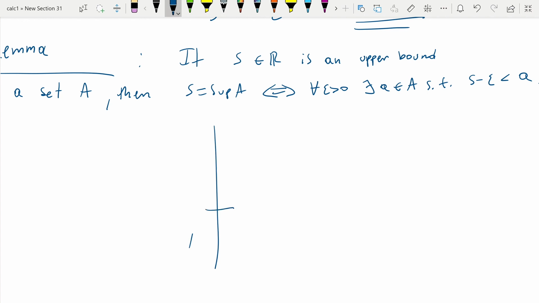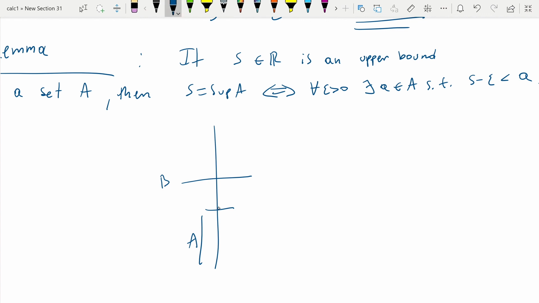This is your set A. If you have an upper bound B, this cannot be the supremum if there is a gap between the set A and B. Because whenever there is a gap between the set A and the upper bound, maybe a poor choice of letters, you can go a little bit lower and that will still be an upper bound. So B could not be the least upper bound.